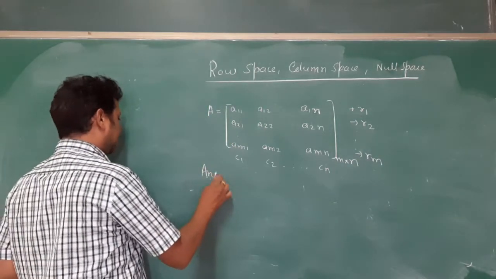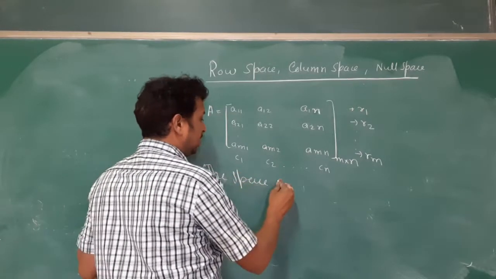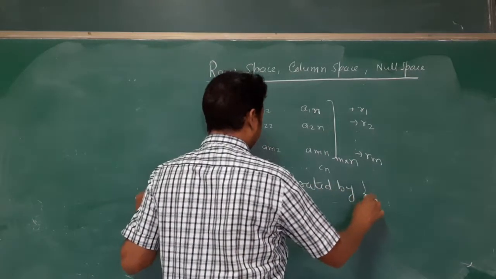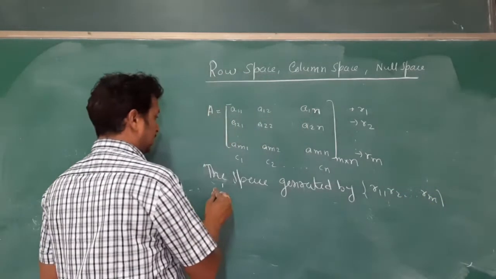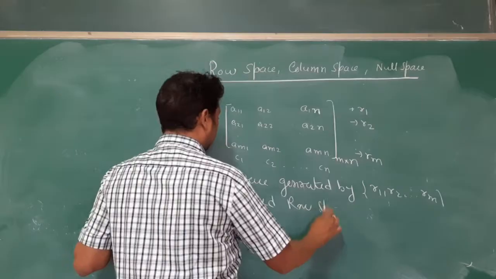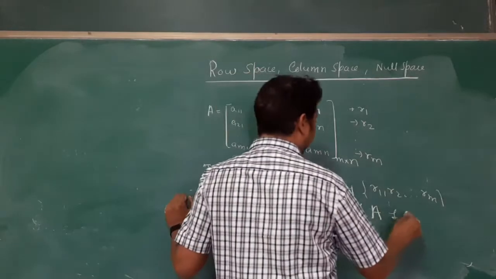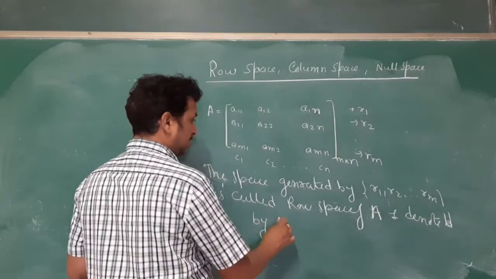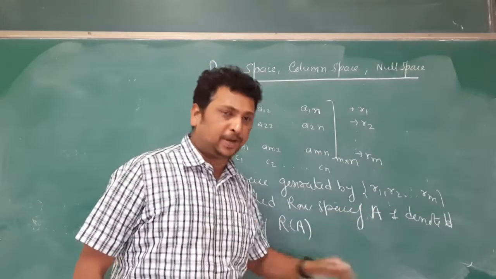The vector space generated by R1, R2, up to Rm is called the row space of A and denoted by R(A). How we calculate it, I will explain later.